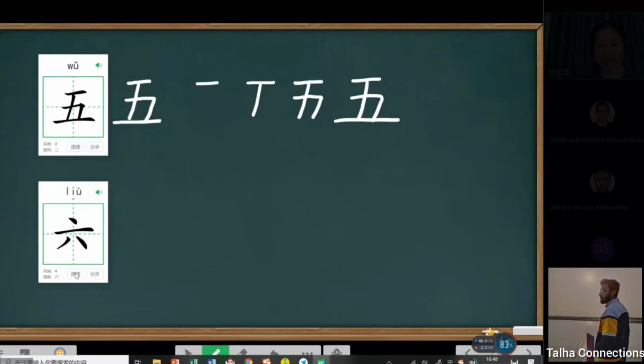Now very simple. One, two, three, four. It consists of just four strokes. Now let's do it together.